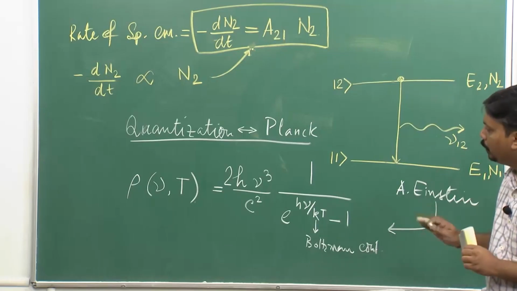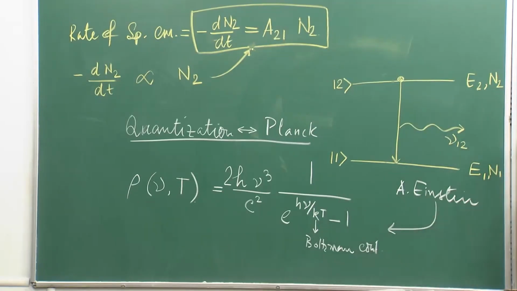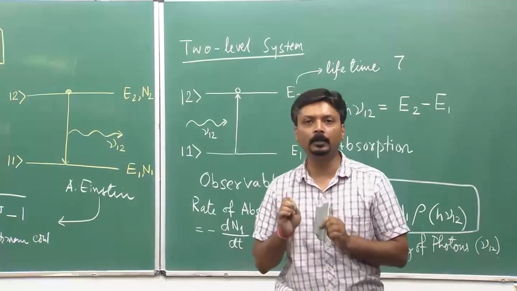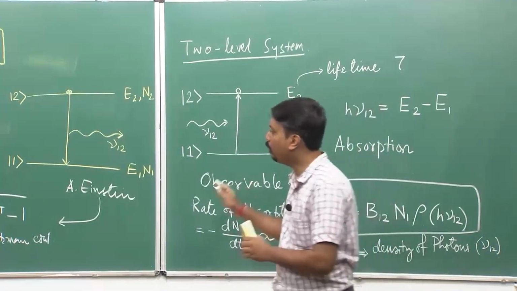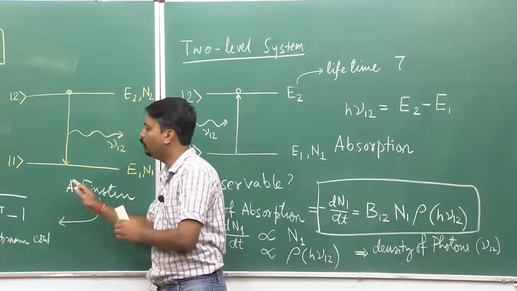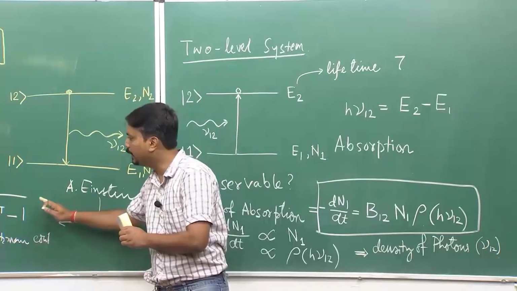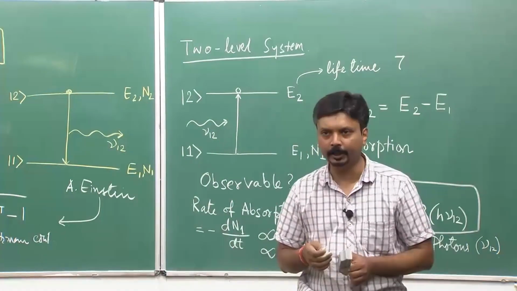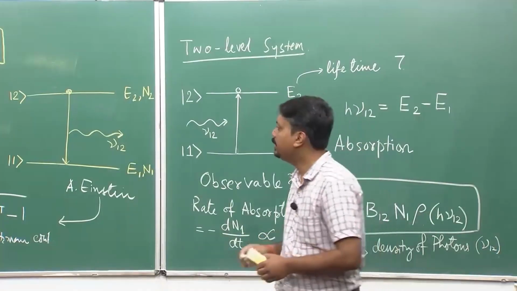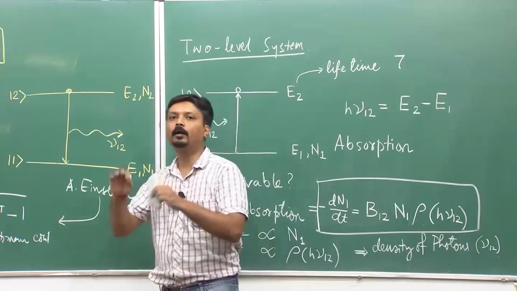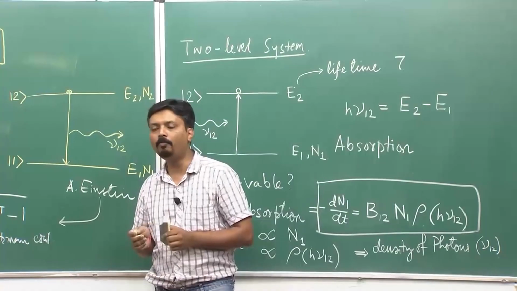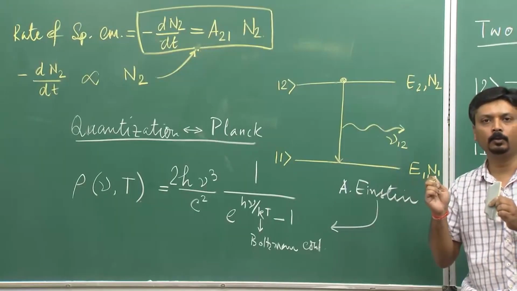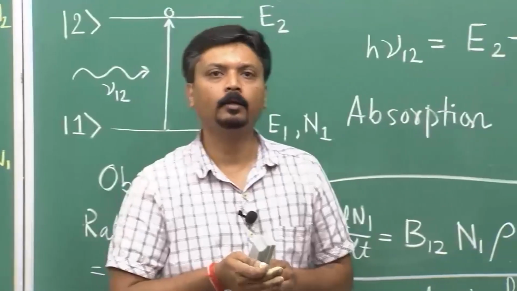So we will stop here today, and in the next class we will start looking at how actually Einstein solved this problem and got to the same form of Planck's expression, Planck's law, by treating the blackbody as an ensemble of these two-level oscillators. So see you tomorrow again. Thank you very much.